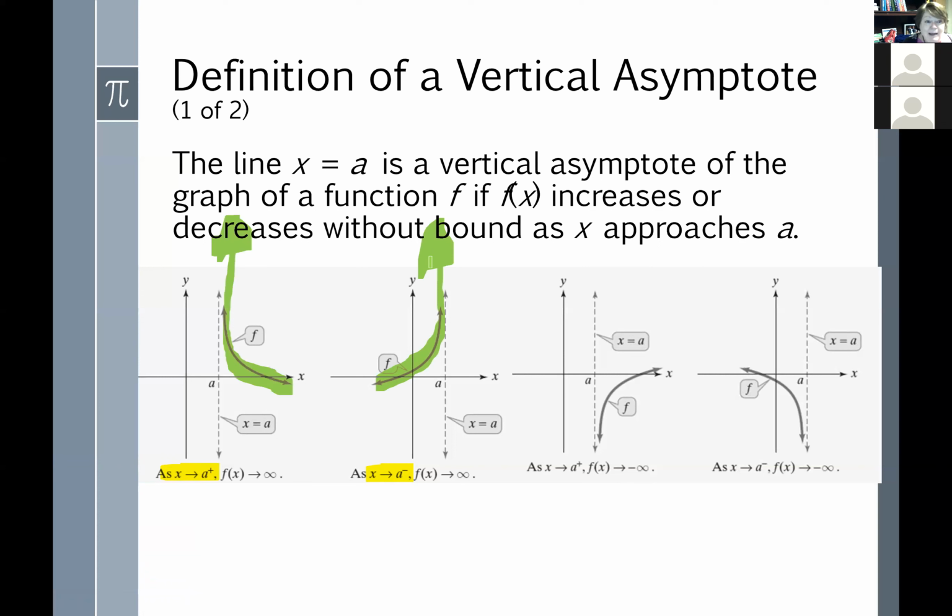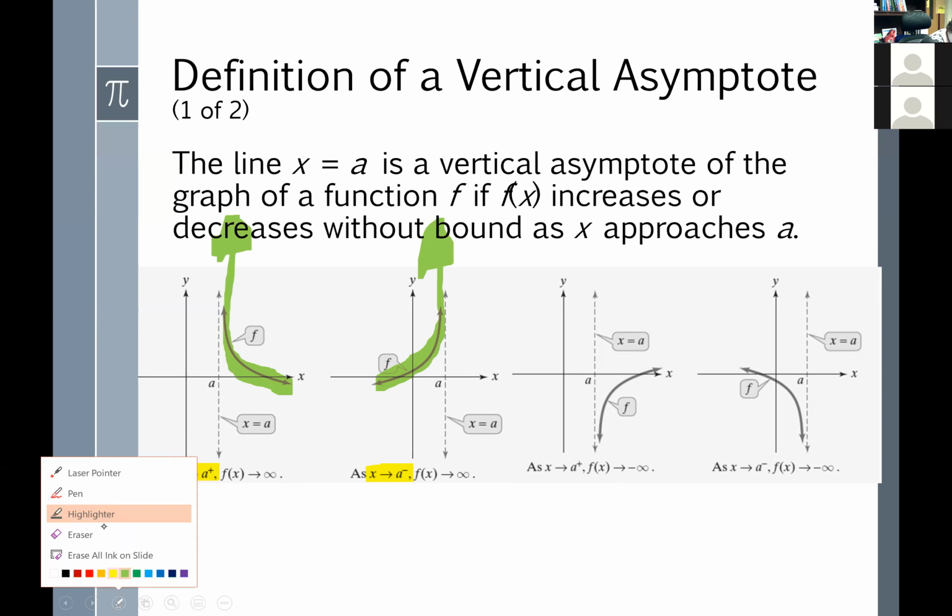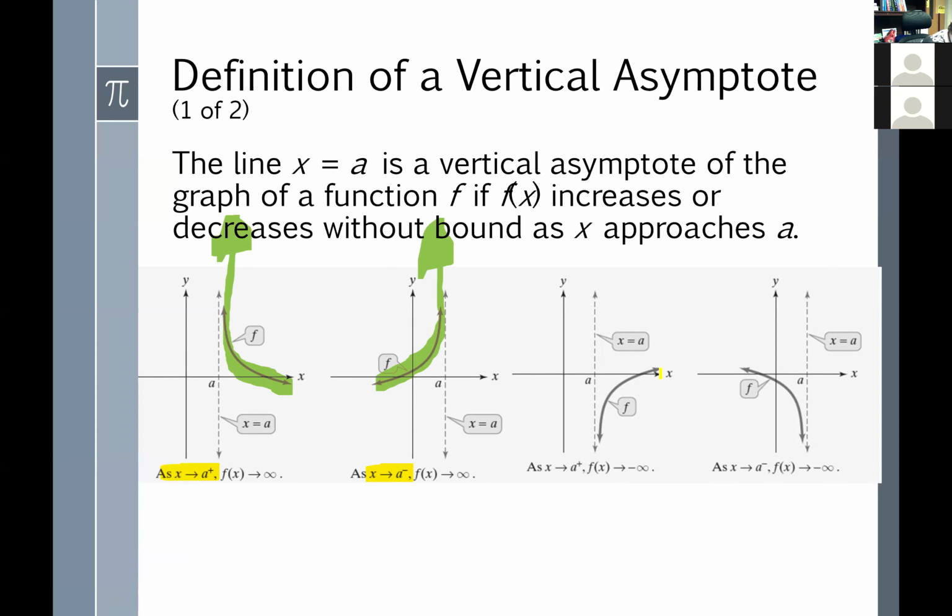Again, your graph cannot cross or touch a vertical asymptote. So what does it have to do? It has to skim it, and it skims it by either going up or going down. So the first graph shows as we're approaching from the positive direction. As x is approaching that line x equals a from the positive direction, then it can't cross or touch that vertical line, so it skims it.